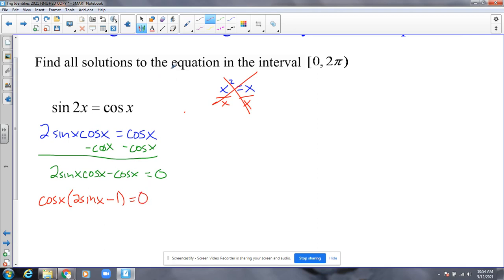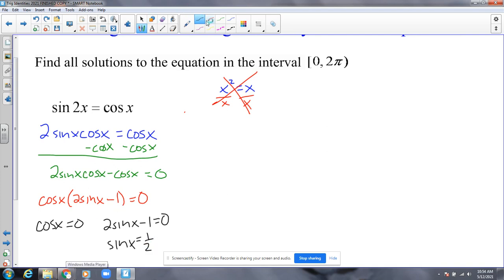Now it's exactly what we looked at last time. Now I can split this up into the two different equations that equal 0. So for this to work, either cosine x has to equal 0 or 2 sine x minus 1 has to equal 0. We can quickly solve that to be sine x equals 1/2.